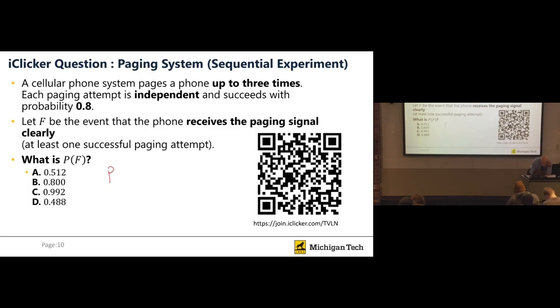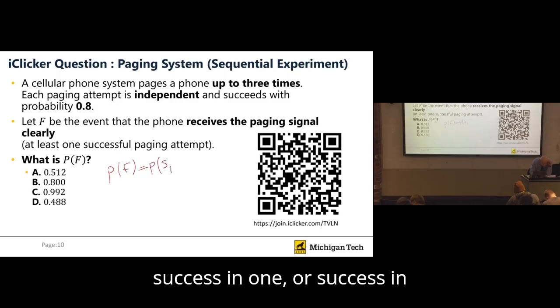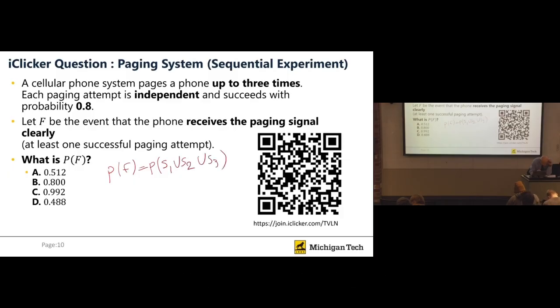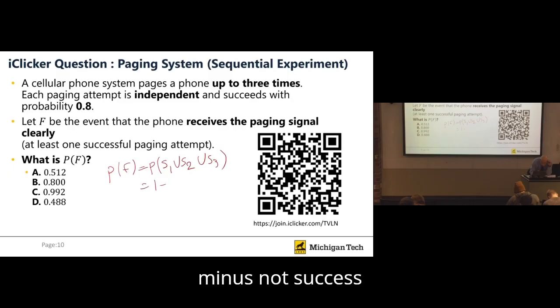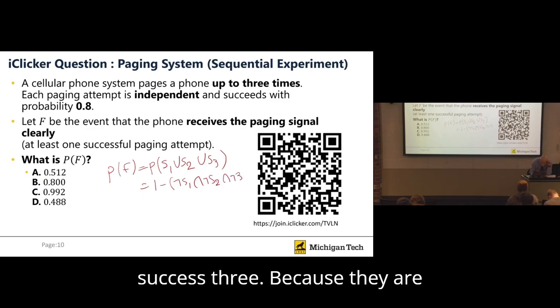P of F is equal to P of success in 1, or success in 2, or success in 3. So, based on whatever I mentioned, it is 1 minus not success 1 and not success 2 and not success 3.